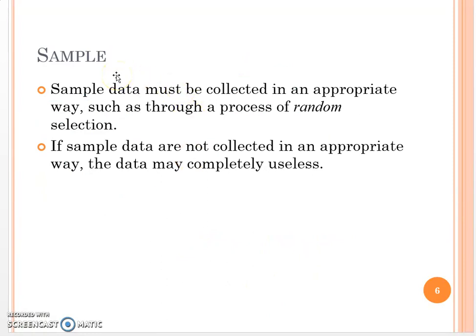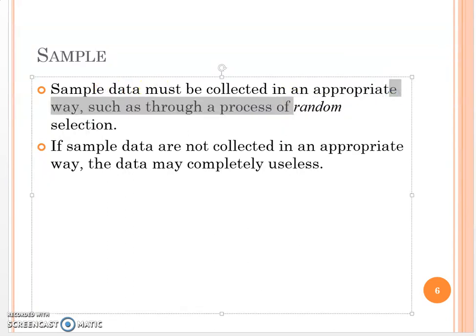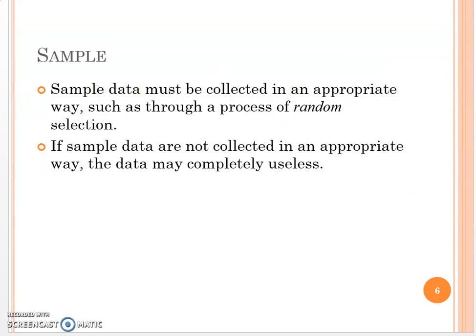So let's talk about some rules for us to get the sample data. Sample data must be collected in an appropriate way. Such as you may have heard of a process of random selection.